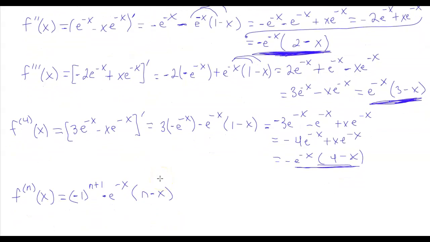So this ends up being our nth derivative formula. And so from that, if we want to find the 1,000th derivative, then all we have to do is plug in 1,000 for n, and we'll find out exactly what it is.